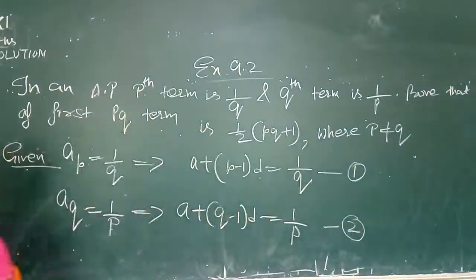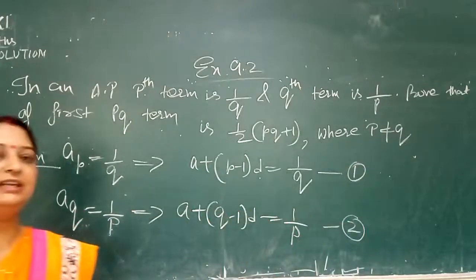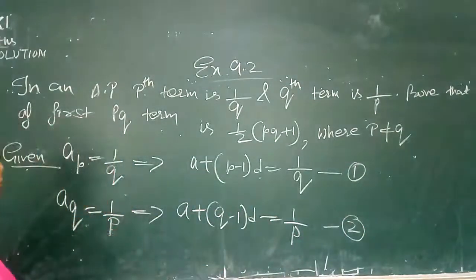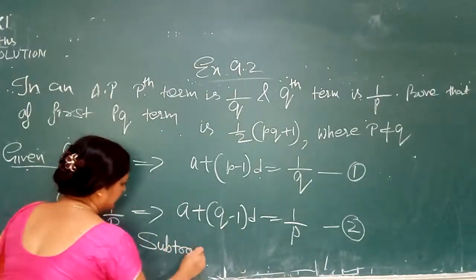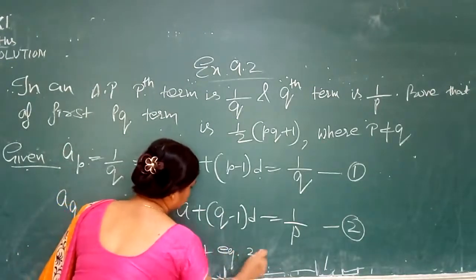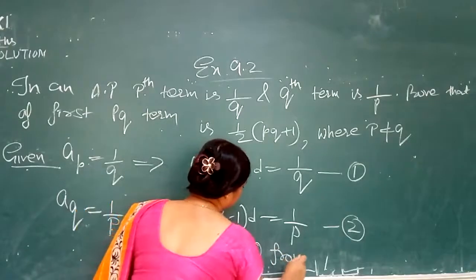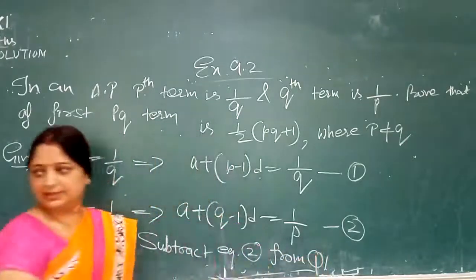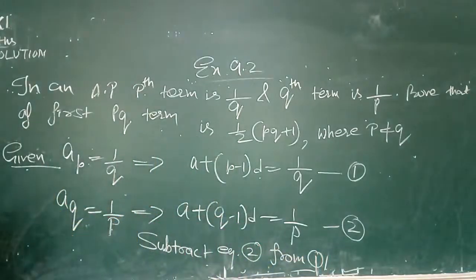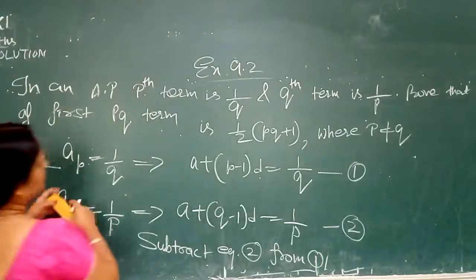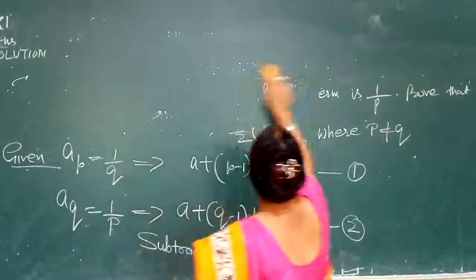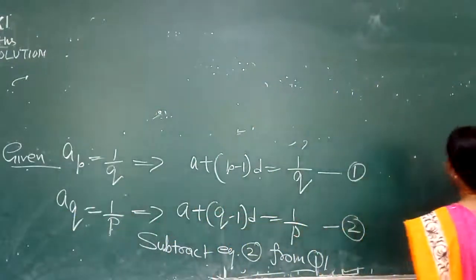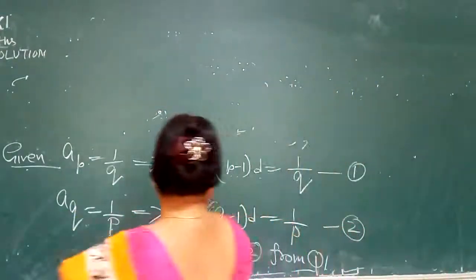Now we have to find out the value of a and d. Now subtract equation 2 from 1. After subtracting, it will come. Now what is the second term?